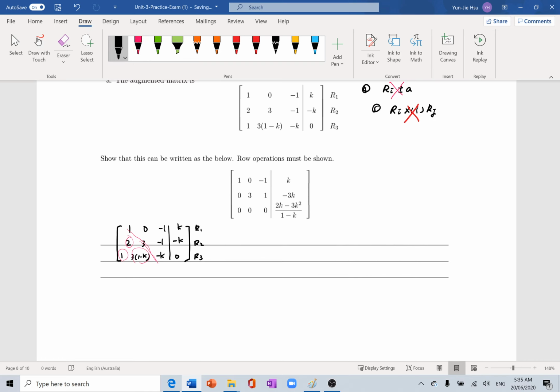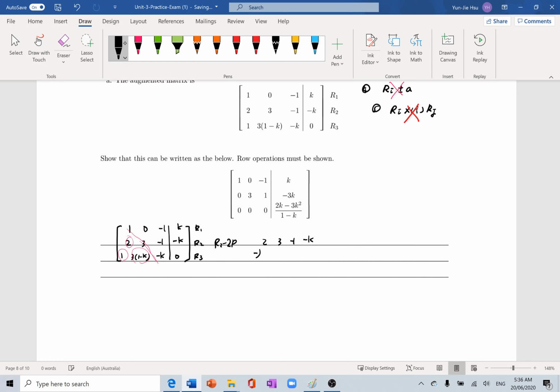Okay, the first step I will do row 2 minus 2 row 1. And I will write down on the right side like that. 2, 3, negative 1, negative k. So minus 2 row 1, okay?